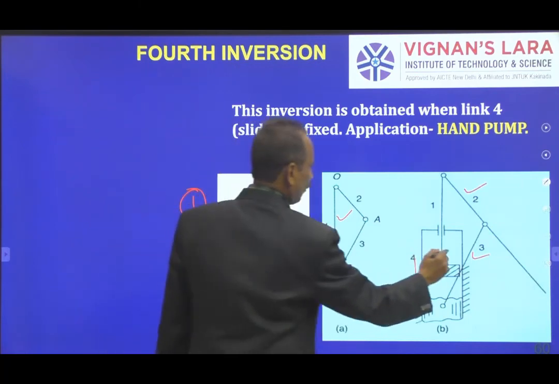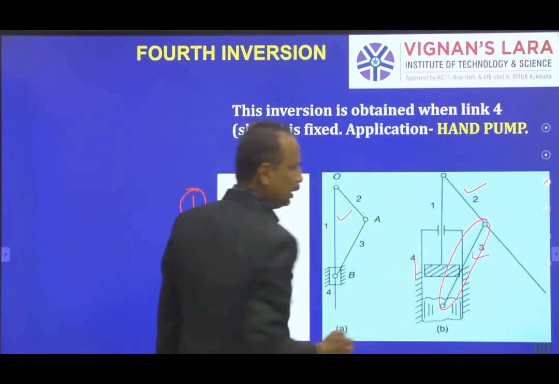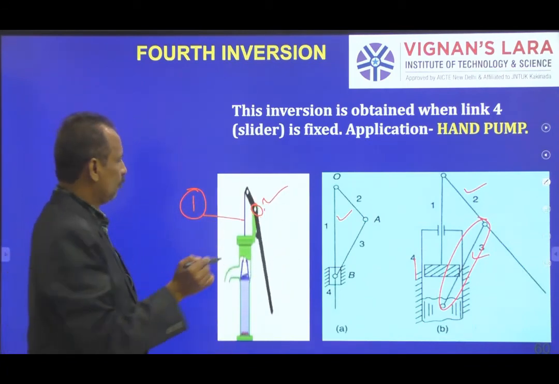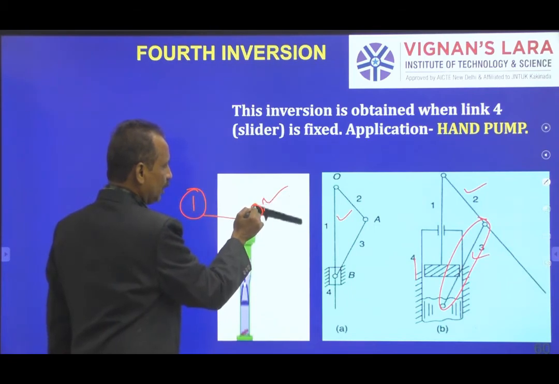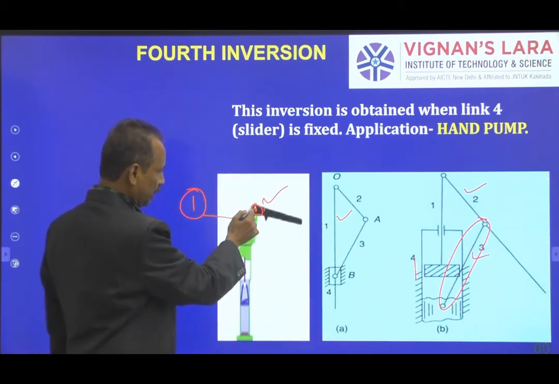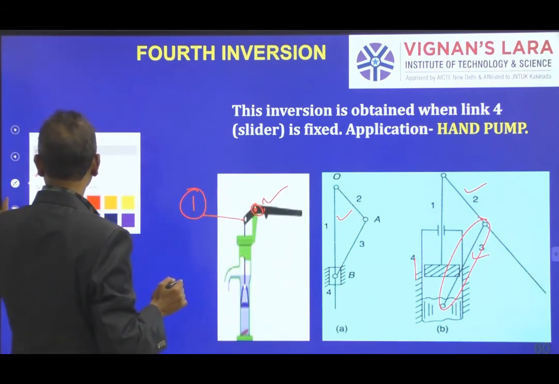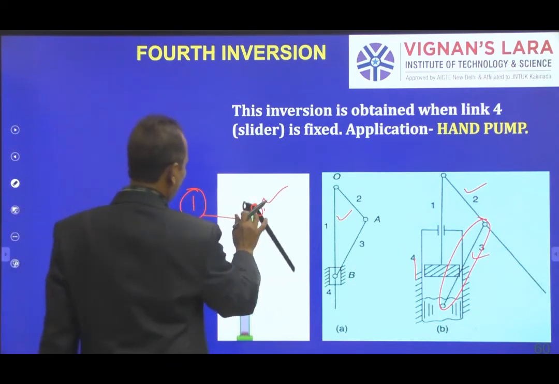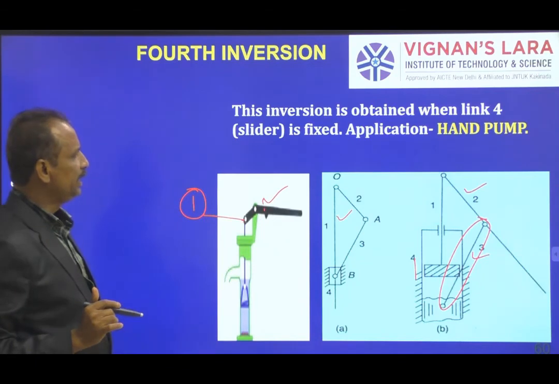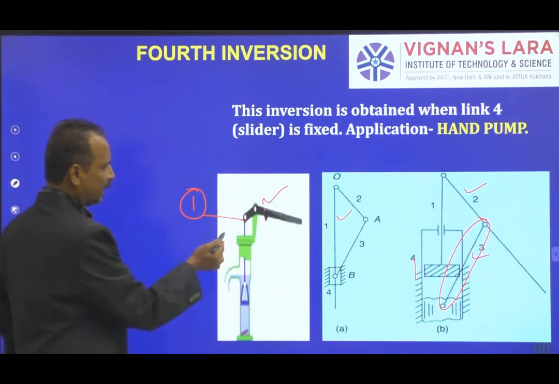Here, there is no line at all, only the pin. Here the colors are very important. This white color one is shown as link 3, and finally link 4 is a green color.